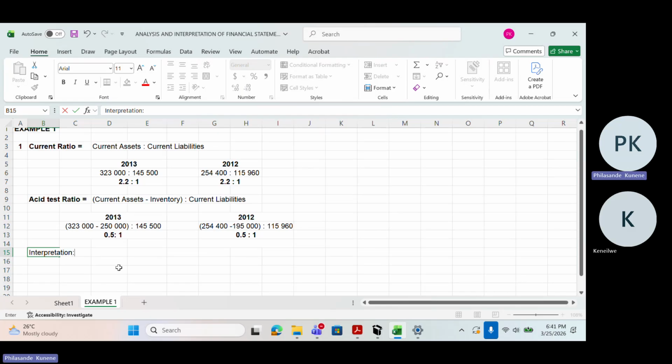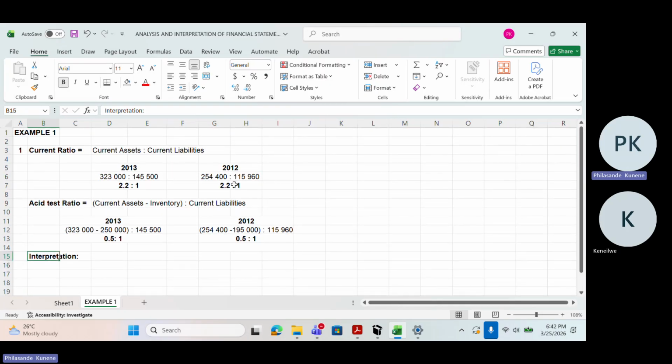Obviously, they will not ask you to calculate the ratios in grade 12. Most likely we're not doing that, but what we do more is the interpretation.